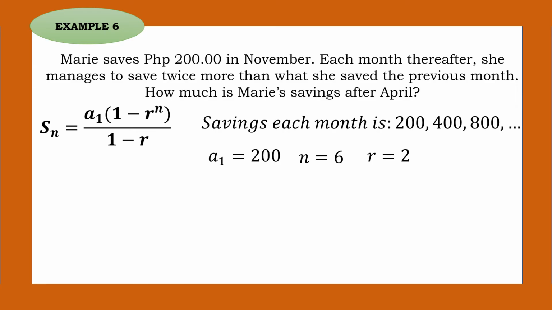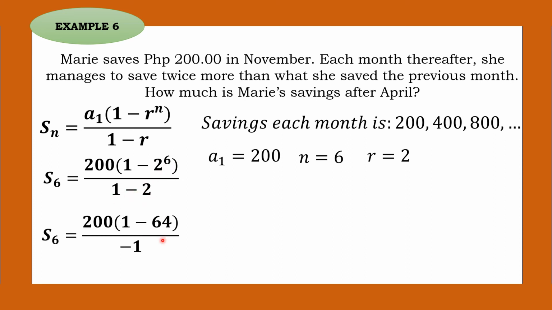Substituting all these values to the formula, there we have S sub 6 is equal to 200 times the quantity of 1 minus 2 raised to 6 all over 1 minus 2. So we simplify first 2 raised to 6 and 1 minus 2. There we have 64 for 2 raised to 6. 1 minus 2 is negative 1. Then we simplify what is inside the parentheses. 1 minus 64, and that is negative 63.